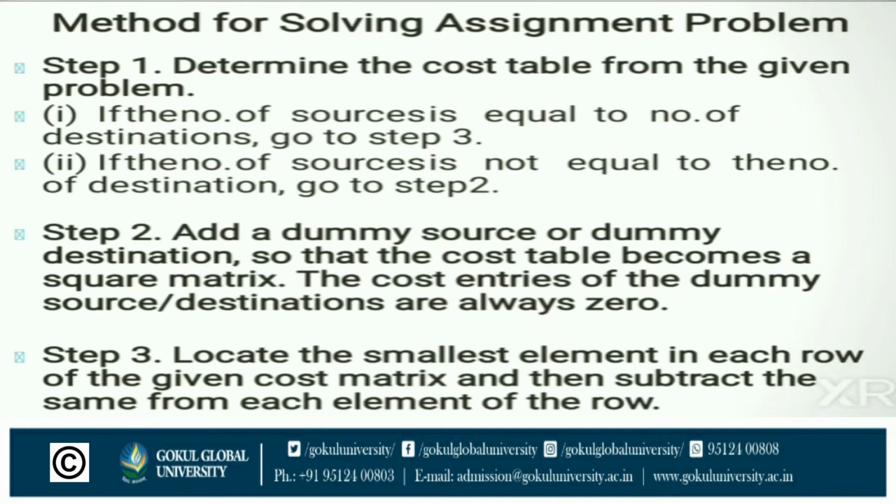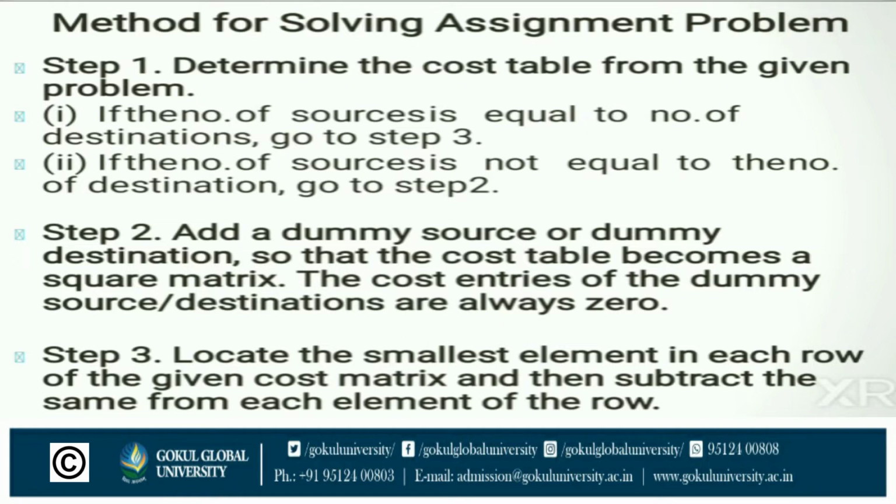Now the method for solving the assignment problem. We can learn how to solve this problem step by step. The first step is to determine the cost table from the given problem. In this step there are two possibilities. First, the number of sources is equal to the number of destinations, then we go to step 3.